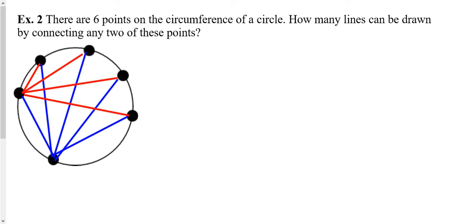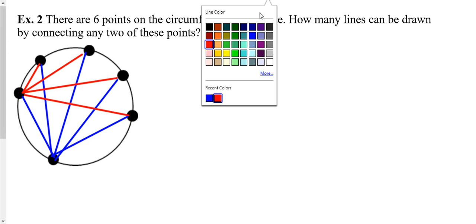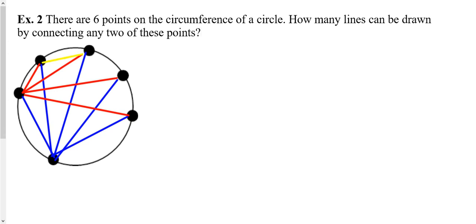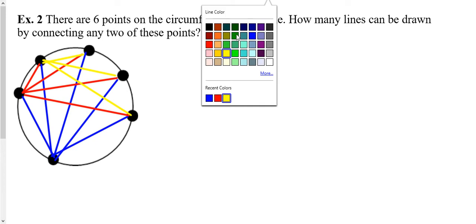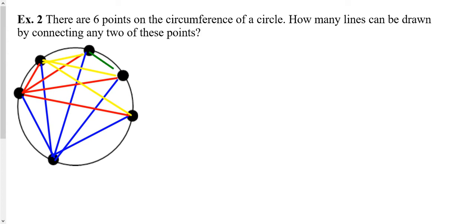For the next point, let's pick a different color: 1, 2, 3 here, 2 here, and finally just 1 here. So basically, if you counted up each one of these lines, you'd get your total answer.